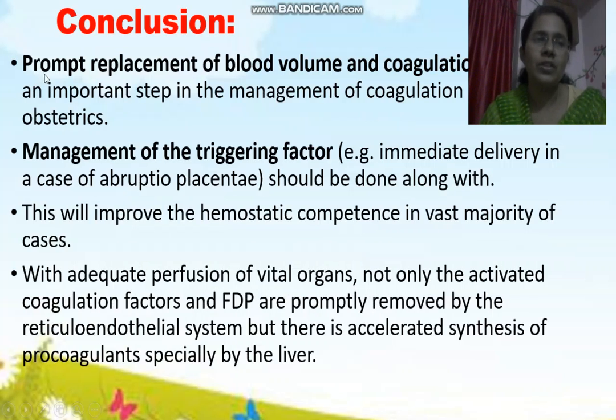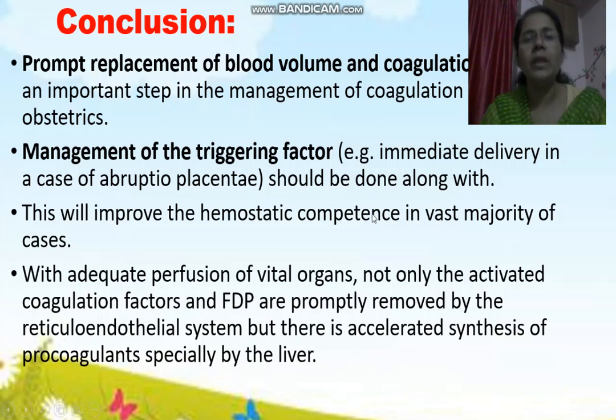To come to the conclusion, till now we discussed the coagulation problems in pregnancy, what are the factors that cause them, and how can we prevent and manage them. So prompt replacement of blood volume and coagulation factors is an important step in the management of coagulation disorders in obstetrics. Management of the triggering factors should be done along with it.